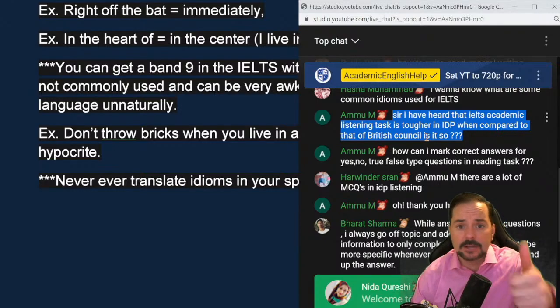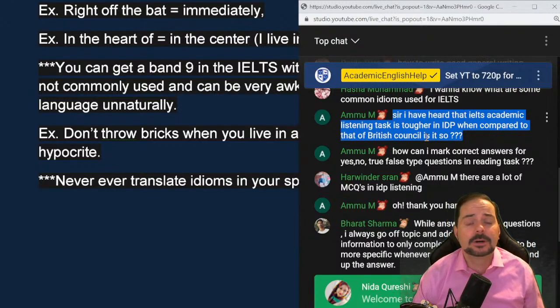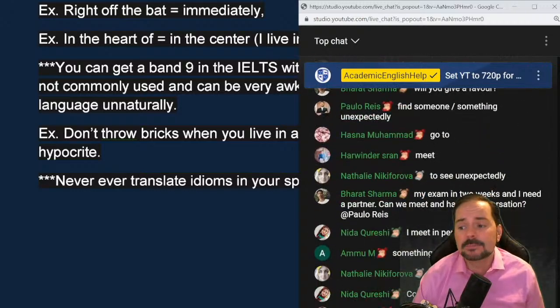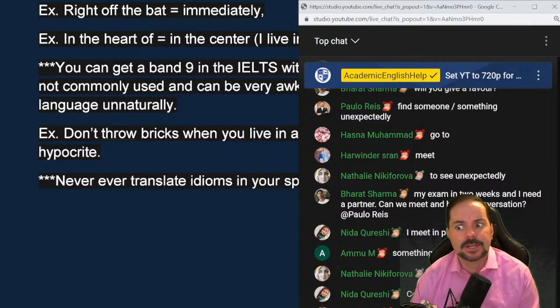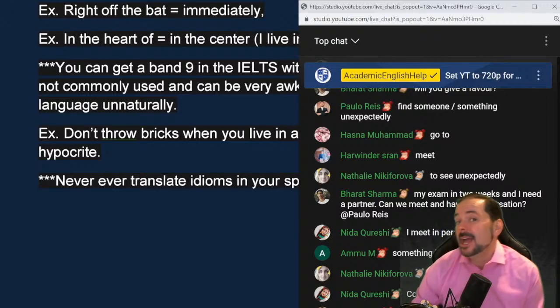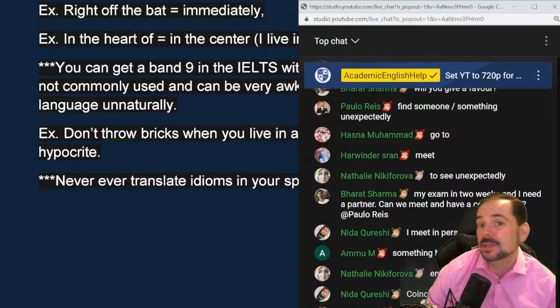Did everybody get that? A lot of times people ask about the materials at British Council versus IDP, but they get the same materials from the Cambridge ESOL Examination Board. Everybody cool? So it doesn't matter where you go. The only difference between British Council and IDP will be the look of the test center and maybe the quality of the equipment.